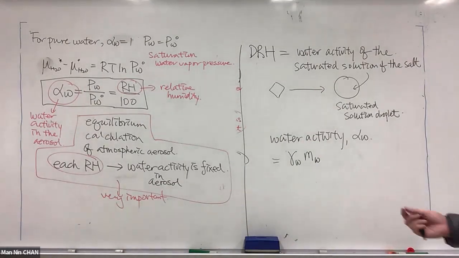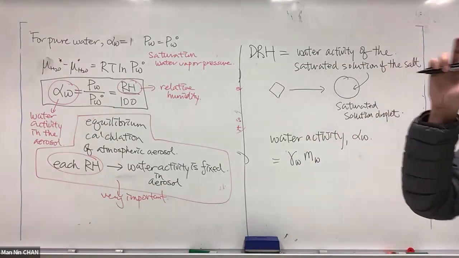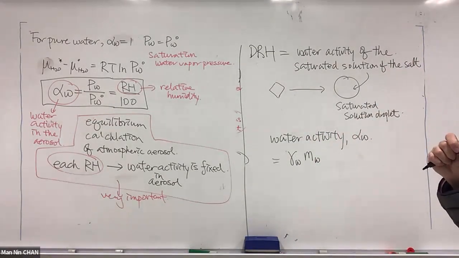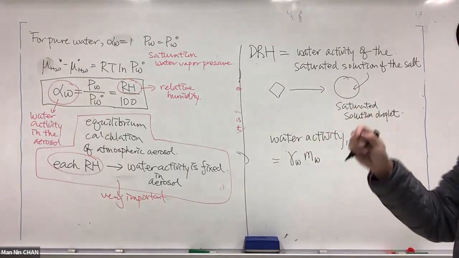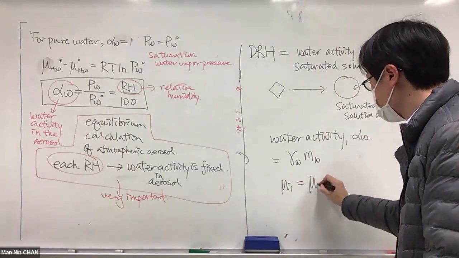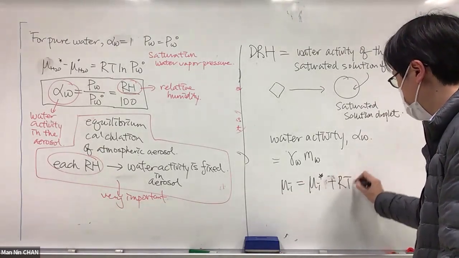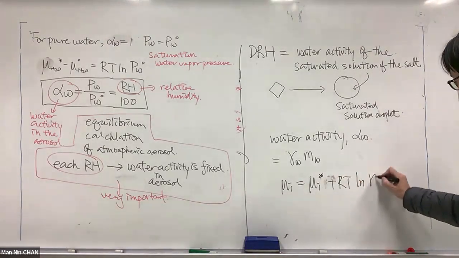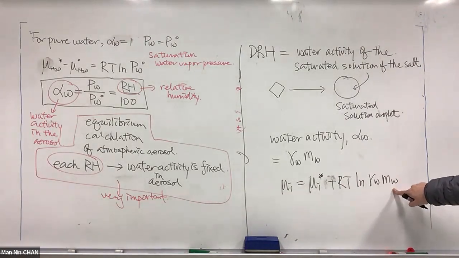This is actually to correct for the non-ideal situation, telling you how it is related to the chemical potential. If you remember the chemical potential we just showed you, it is some standard state, plus RT, and then you're looking at the concentration of the water.